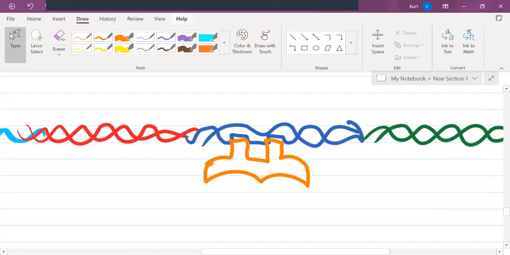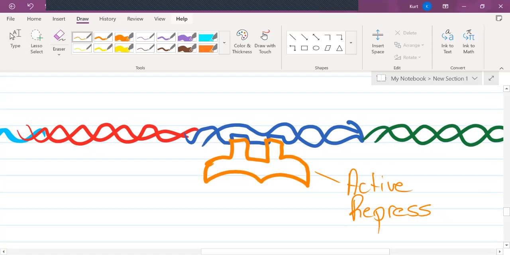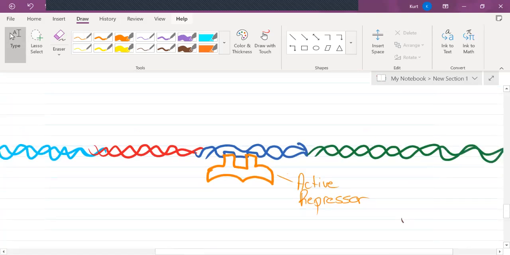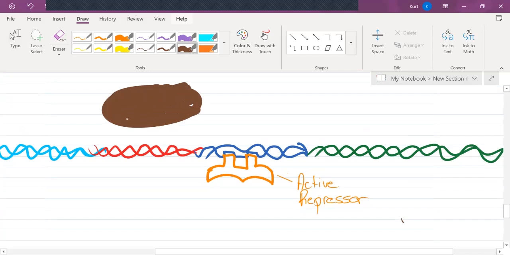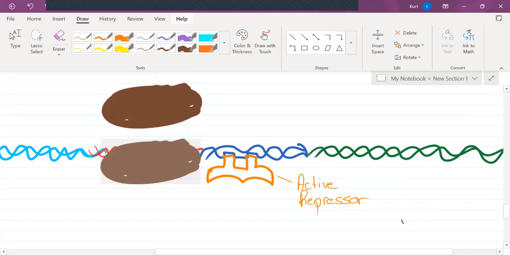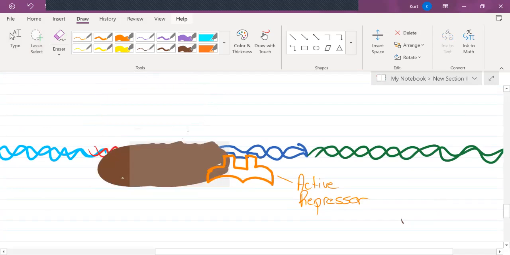Okay, I want you to check out that repressor right now. Is the repressor hooked up to the operator? Yes or no? So is the repressor active or inactive? Is the operon on or off? Good. Can RNA polymerase get past the operator? If I draw this RNA polymerase, as you learned yesterday, it goes onto the promoter. Can it get past the operator?